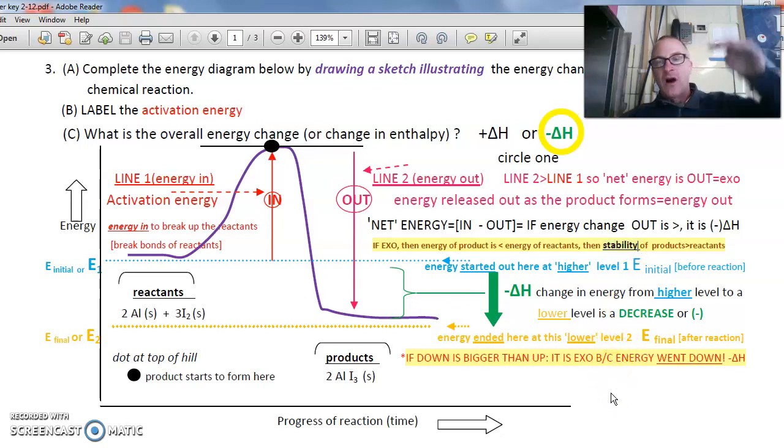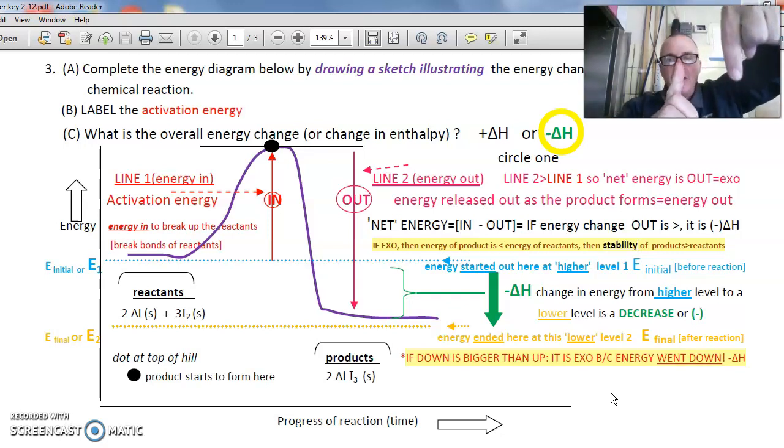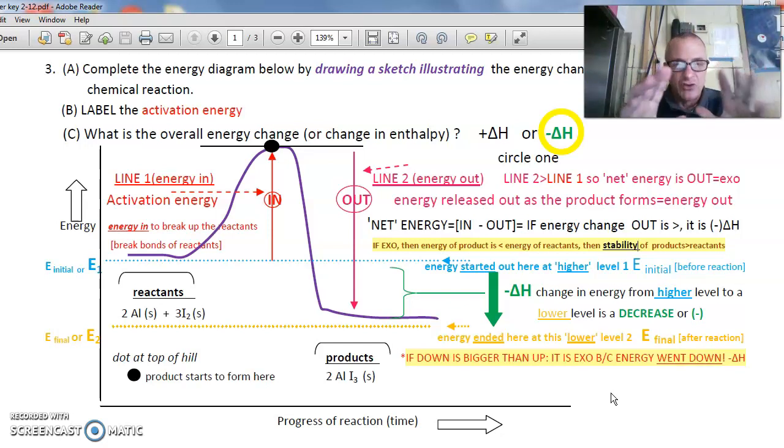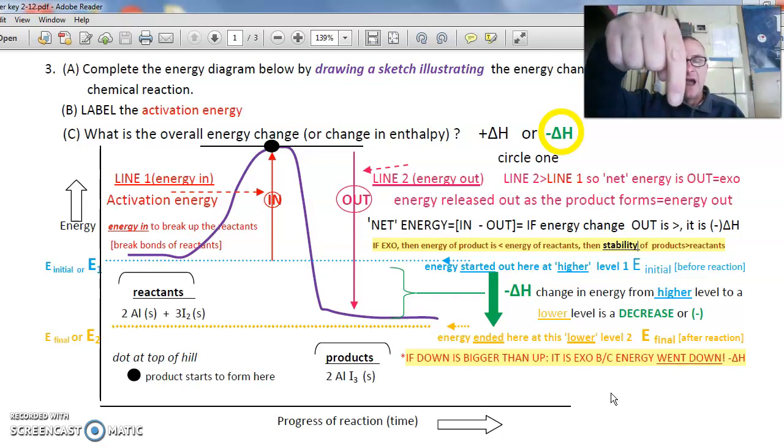Anytime there's a trade-off, if the energy goes down, the stability goes up. Again, if energy goes down, stability must go up. That is the trade-off in the universe. So by lowering the energy, the reactants had higher energy, the products had lower energy. By lowering the energy, we improve stability. We can say that AlI3, aluminum iodide, must be more stable than the aluminum and the iodine alone.